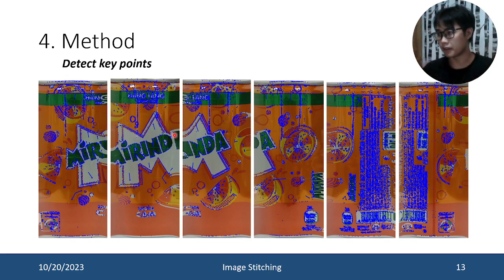SIFT is invariant to translation, rotation, and scaling transformation in the image domain, and it is robust to moderate perspective transformation. The advantage is that the SIFT algorithm is very useful in practice for image stitching and object recognition under real-world conditions.